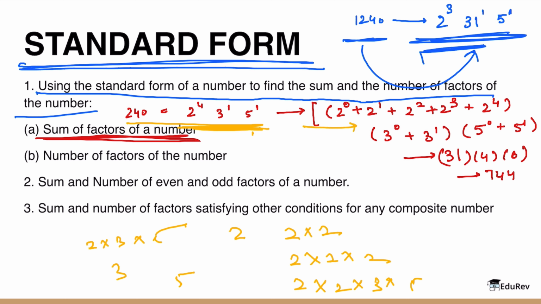Now what is a simple process for this? Like for example, there are these brackets, right? If I open the brackets, then I'm going to multiply 2 to the power 0 with 3 to the power 0 and 5 to the power 0, and then 2 to the power 0 with 3 to the power 1, and then this multiplied by 3 to the power 1 into 5 to the power 1. This is how I'm going to open the bracket.